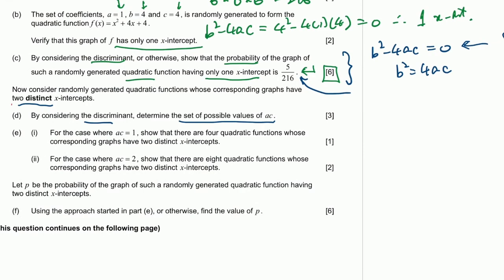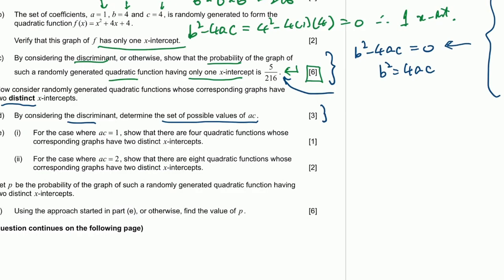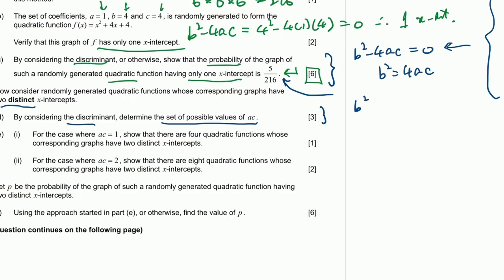This part is actually quite confusing for a lot of students. They want 2 distinct x-intercepts, which means b squared minus 4ac is bigger than 0, right? So b squared must be bigger than 4ac.